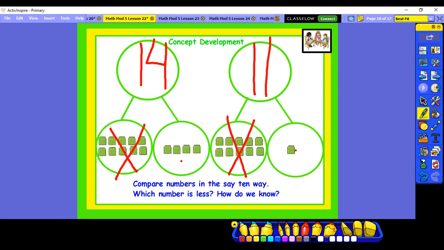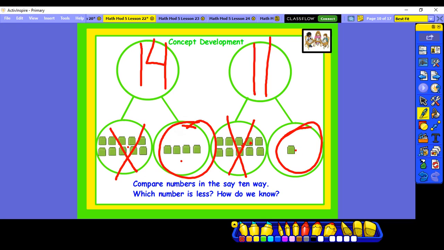That's right. Kiss your brains. You can't use this part 10, 10 to compare because a group of 10 and a group of 10 are exactly the same. What do you have to look at to compare teen numbers? The leftover ones. You have to see which group has more in the leftover ones.